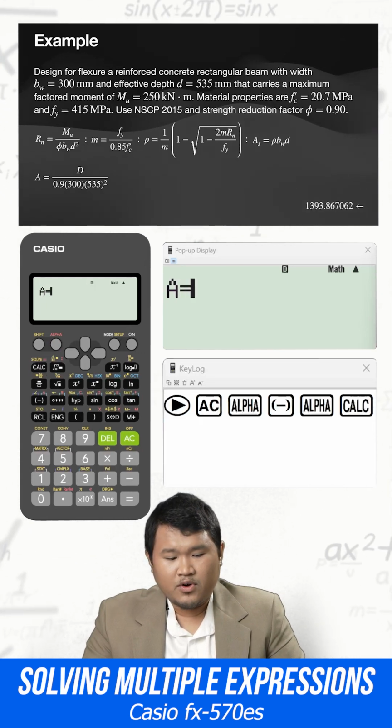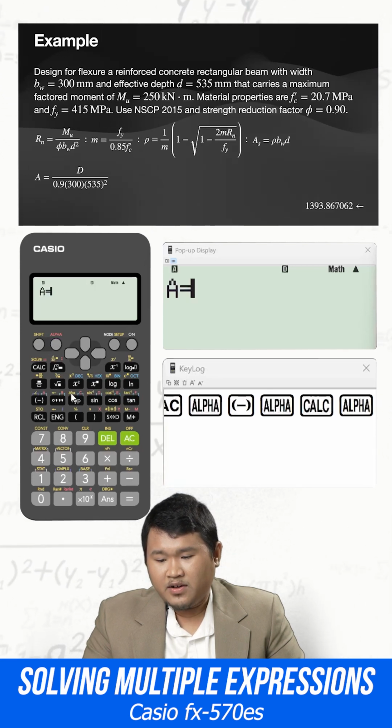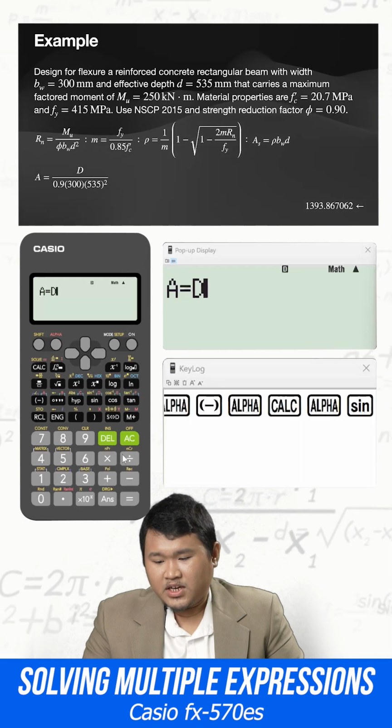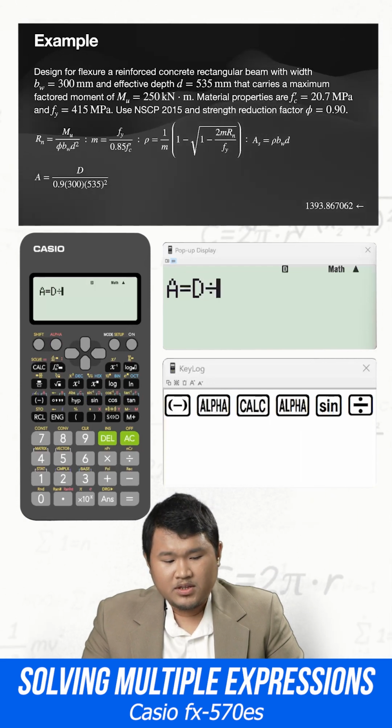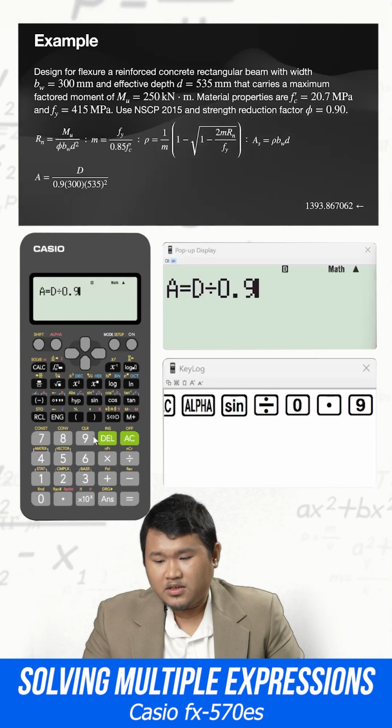And then for this expression, we have D: alpha, and then the sine key to get D, and then divided by this expression in the denominator, so we have 0.9.